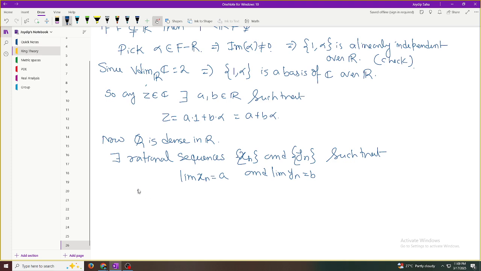So the limit of xn plus alpha yn equals a plus b alpha, which equals z.